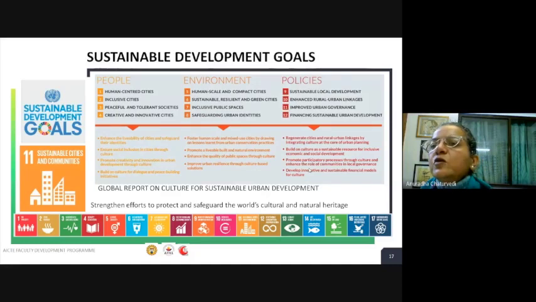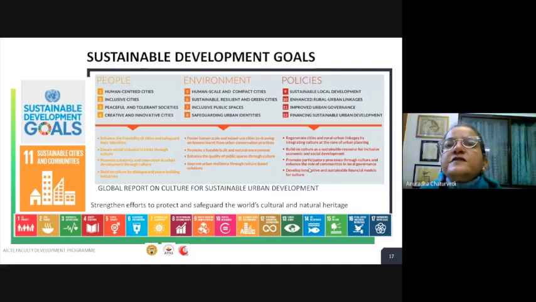However, as we will go on to see, each one of the development goals are linked with heritage resources, and heritage resource management would contribute towards sustainable achievement of these sustainable development goals. So the Global Report on Culture for Sustainable Urban Development identified three aspects related to people, related to environment, and related to policies.